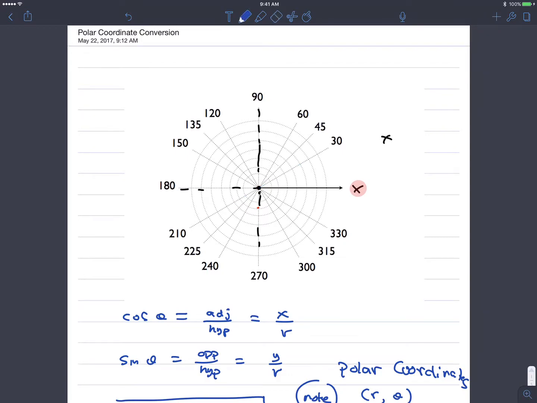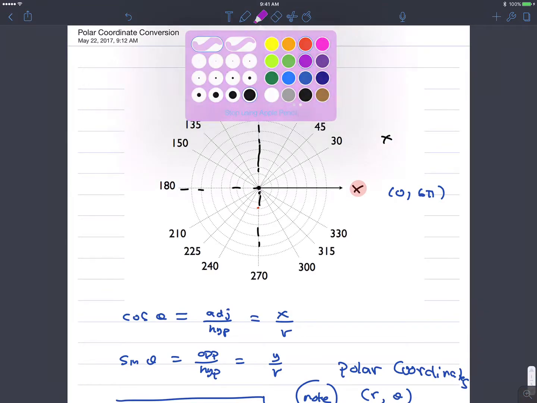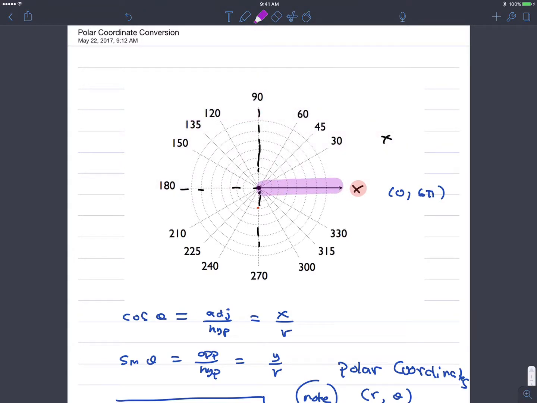Does anybody remember? 0, 6 pi. Okay, so if I have a polar axis here, that corresponds to angle theta is 0. That also corresponds to theta being what? 2 pi, 4 pi, and 6 pi. So there's my axis. So I can tell you that this theta here is actually 6 pi.